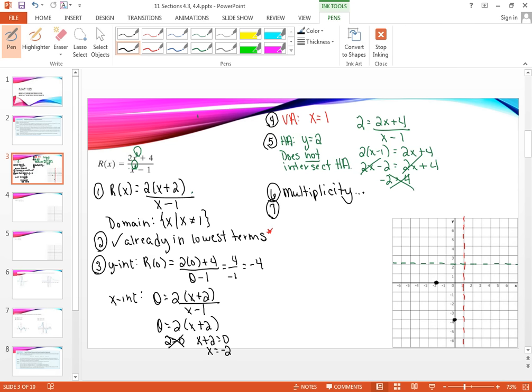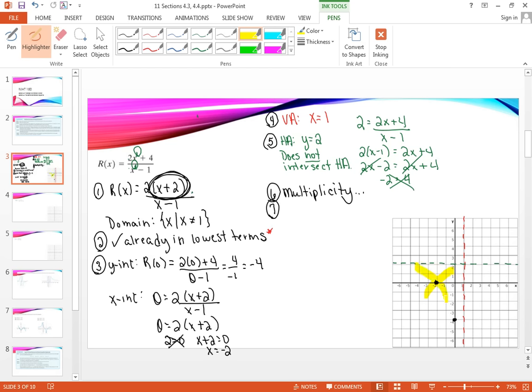So if you look down at the graph, you've got this x-intercept and you've got this y-intercept. The multiplicity of the x-intercept, if you go back over here and look, the multiplicity is 1. You only got it once, the degree was 1. So that means it's going to cross the x-axis at -2. Now, I got choices. It can either go this way or it can go this way.